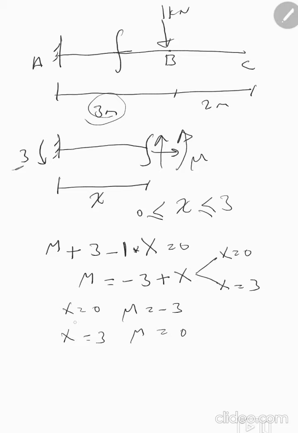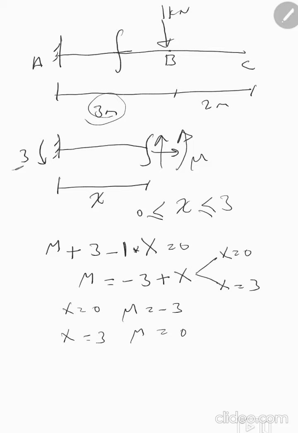So if we assume, for example, x equal 1 or x equal 2, the values will be between -3 and 0. For example, maybe you will get -1, -1.5, and other values, but here we just assume the maximum and minimum values.